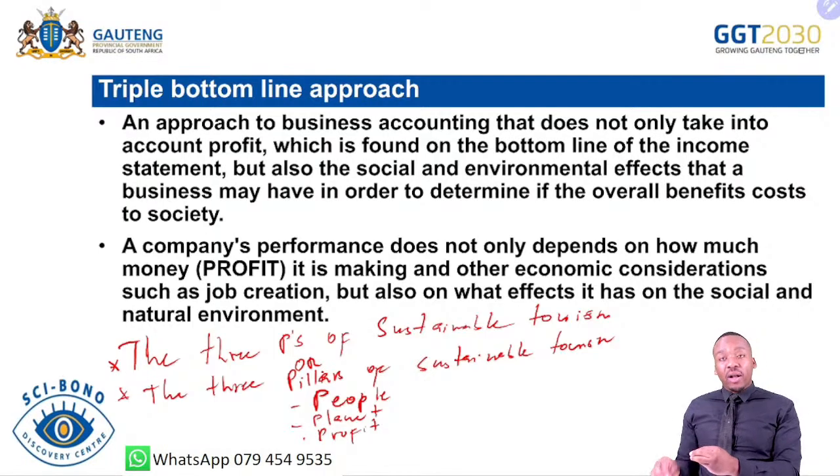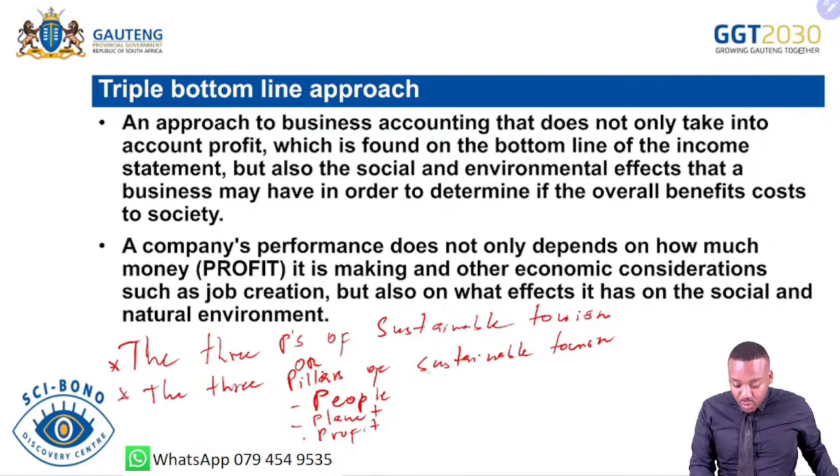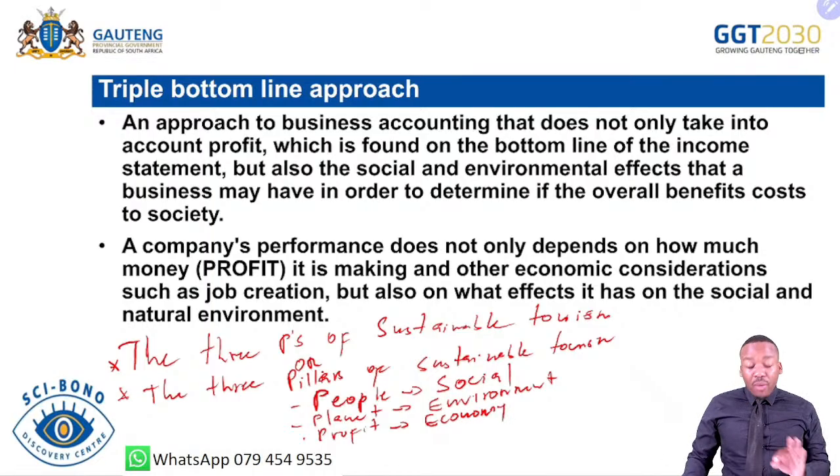Now in grade 12, we don't have that, but we have the people pillar replaced by social. Right? The planet pillar has been replaced by environment. You will see them just now. And then the profit pillar has been replaced by economy. So what are we talking about there?